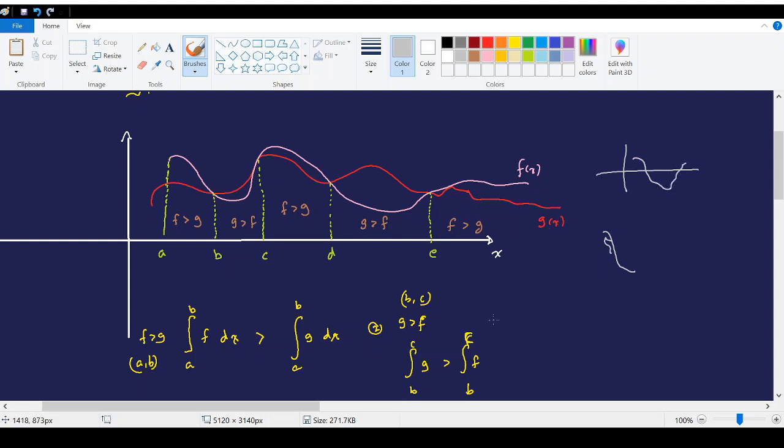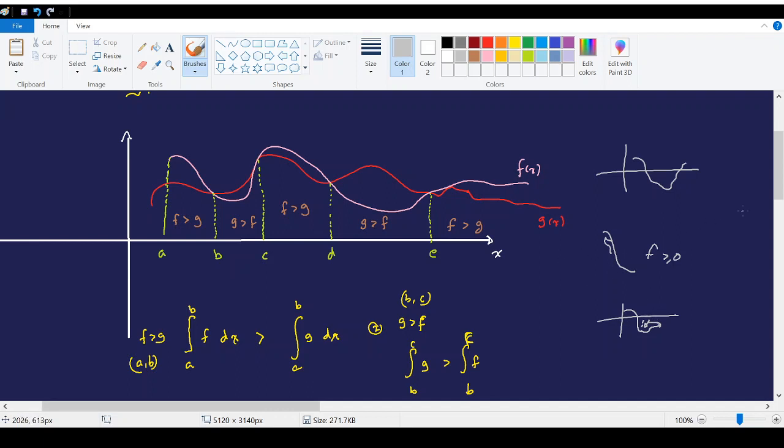So for the comparison test to work, both these functions that we are going to compare should be greater than or equal to 0. It cannot be a negative value, because if it is a negative value, then the area or the integral value for these negative terms will be a negative value, and then things will be a bit complicated.